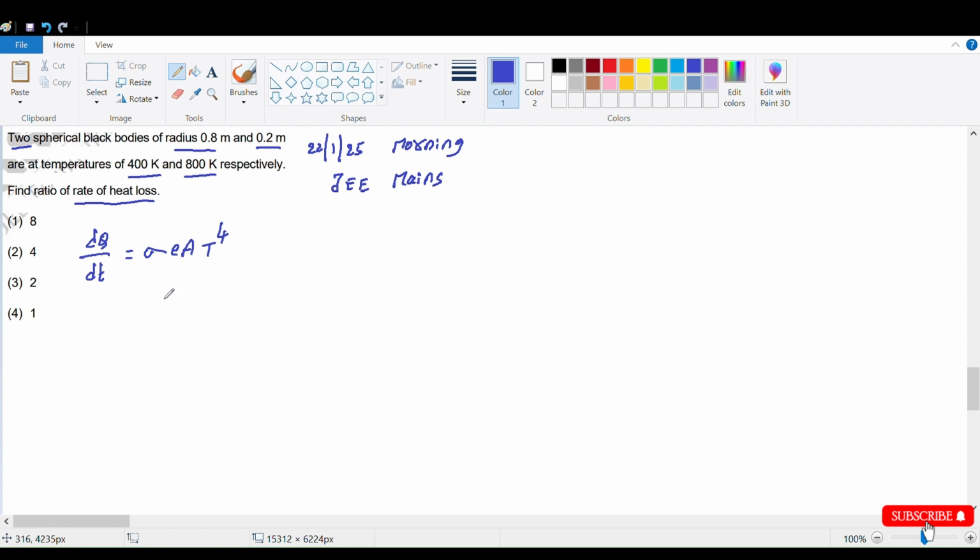Area is the surface area of the sphere, 4 pi r square, temperature given. So this ratio they are asking. The first one dQ by dt, by the second one dQ by dt. Okay, the first one formula: sigma will cancel, E will get cancelled, area 4 pi will get cancelled.